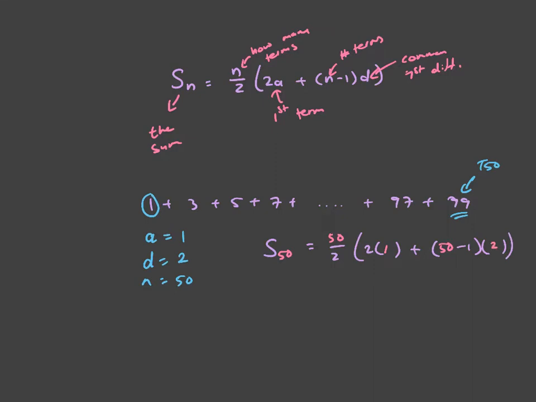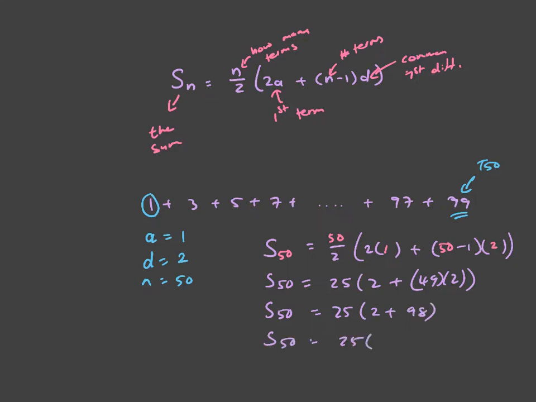So the sum of the first 50 terms is 25 times (2 plus 49 times 2). 49 times 2 is 98, so we've got 25 times (2 plus 98), so the sum of the first 50 terms is 25 times 100, and 25 times 100 is equal to 2,500.